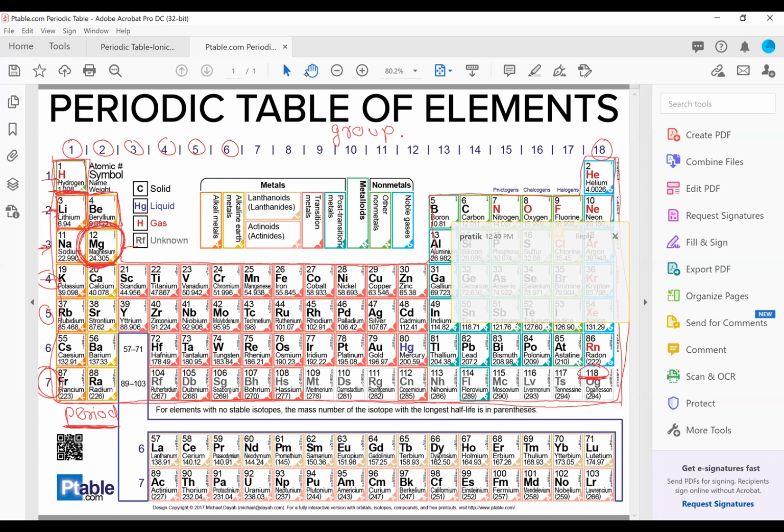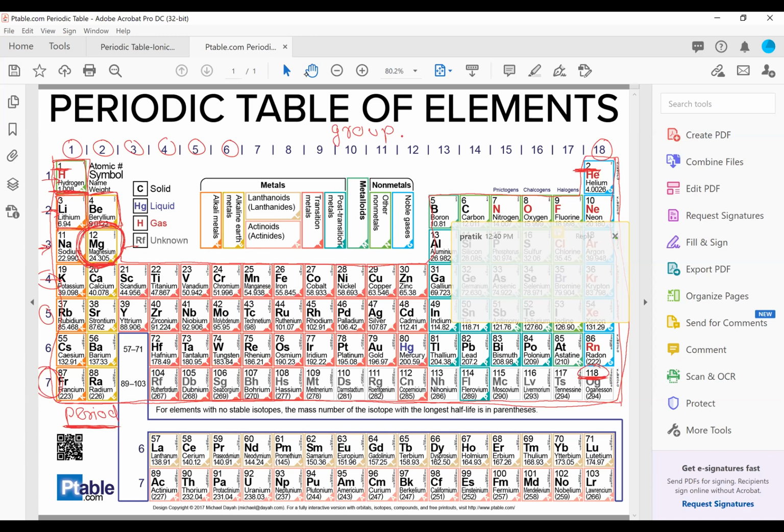We are going to talk about what atomic number means in more detail tomorrow, but just keep in mind it is the number that goes up sequentially across the periodic table. The first box says number 1. The second box, on the right side of the table, says number 2.